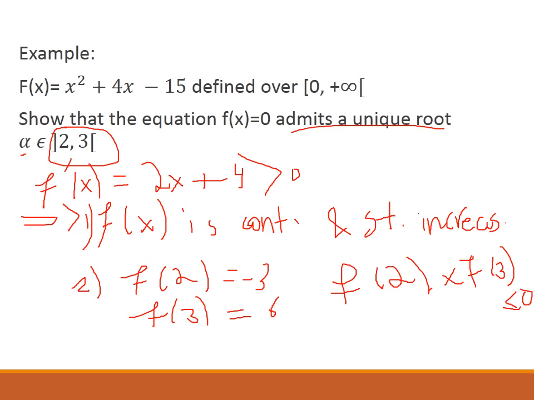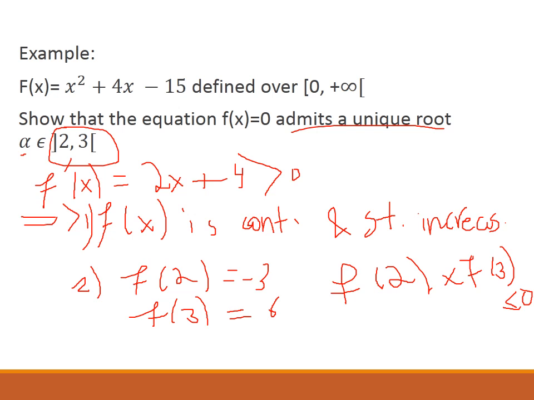We say that f of x is strictly increasing. So the first condition is satisfied: f of x is continuous and strictly increasing over its domain, which means it admits a unique root alpha.